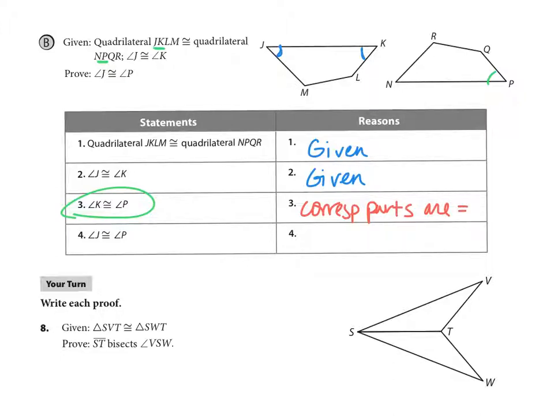It's really corresponding parts of congruent figures are congruent, but that is a whole lot to write, so I'm just going to write corresponding parts are congruent. And then if we look at our reasons, it's saying J is congruent to K, and K is congruent to P. So J is congruent to P. Hopefully you recognize that from last week. That is an example of the transitive property.